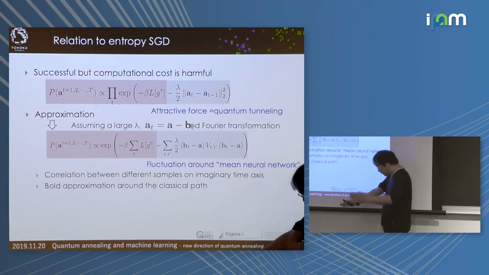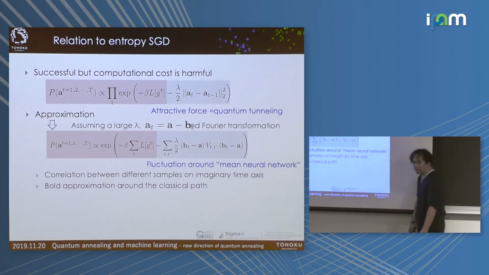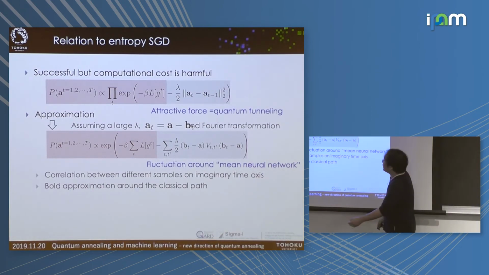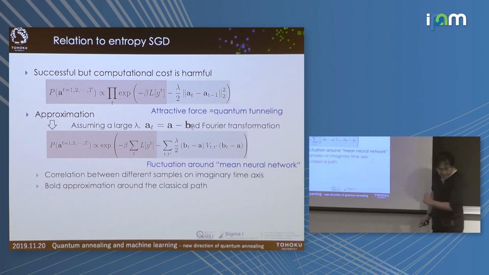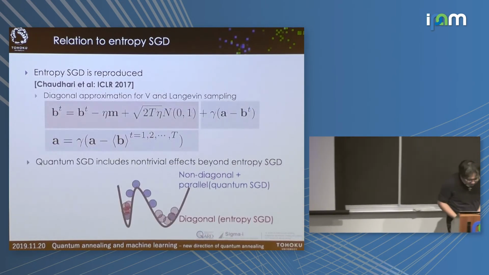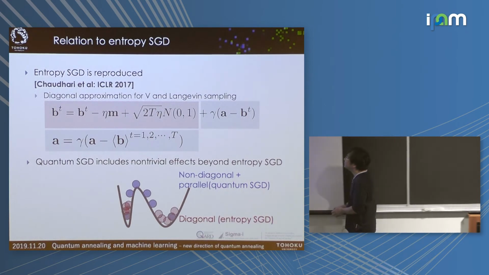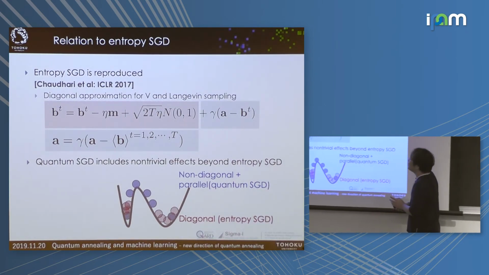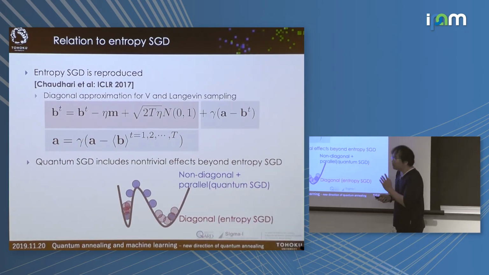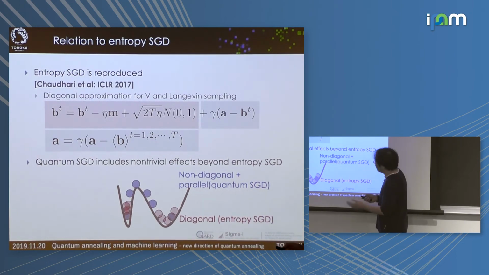Now we consider the path integral representation of the system. We take the Gaussian approximation around the classical path. Classical path means the mean neural networks A. Then we can reproduce entropy stochastic gradient, which Baldassi and Zecchina did in their machine learning papers.